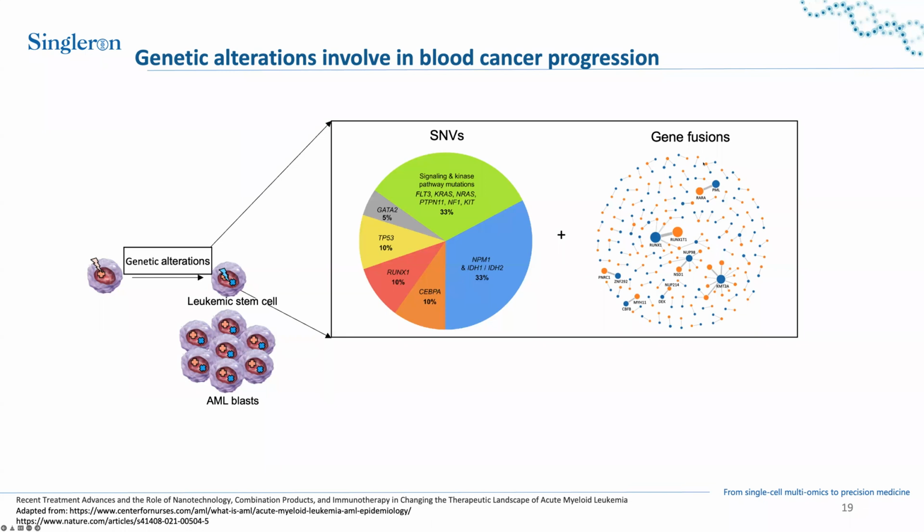But for blood cancer, there are also many fusion genes that are involved in leukemia. And here also, for fusion genes as well as for these mutations, some of the fusion genes are very attractive for the diagnostics and the therapy of blood cancer.